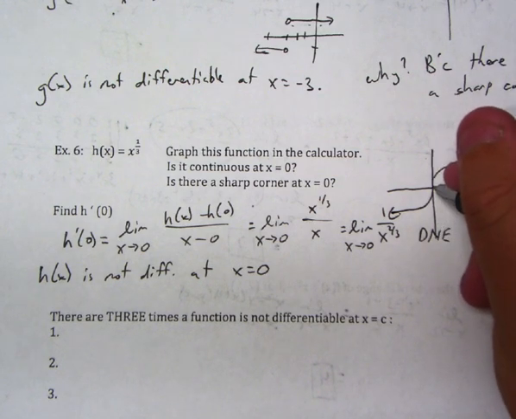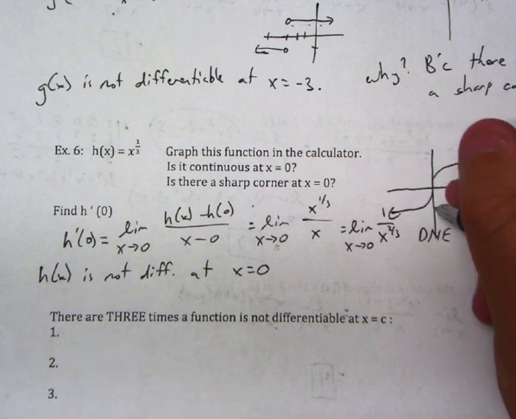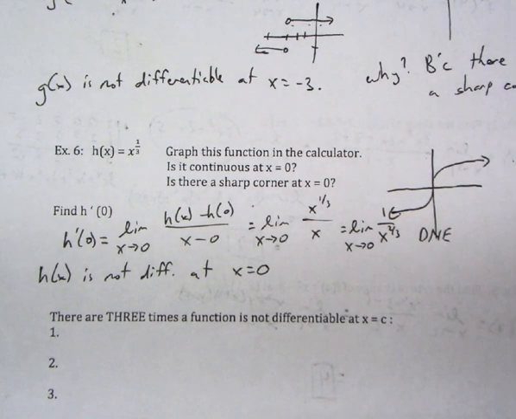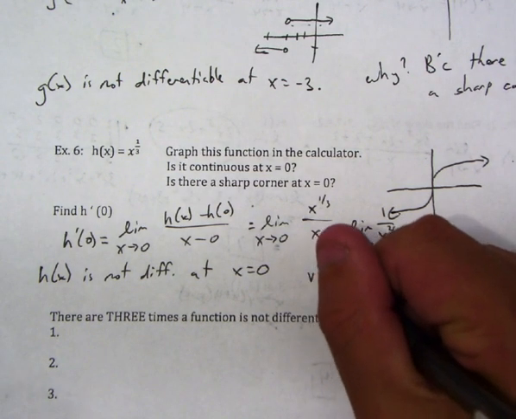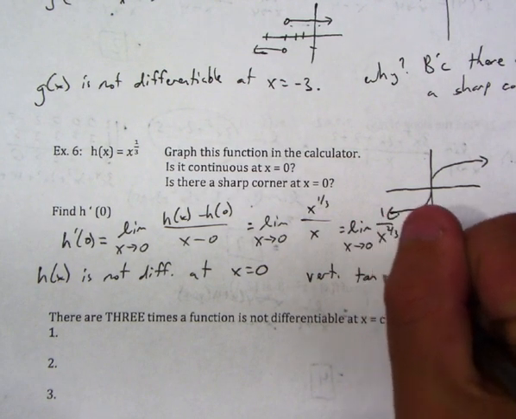At that one instantaneous moment, your tangent line is vertical. And the slopes of vertical lines, sorry, are undefined. So anywhere you have a vertical tangent line, your function is not going to be differentiable at that location. So there's a vertical tangent line, so the slope is undefined.